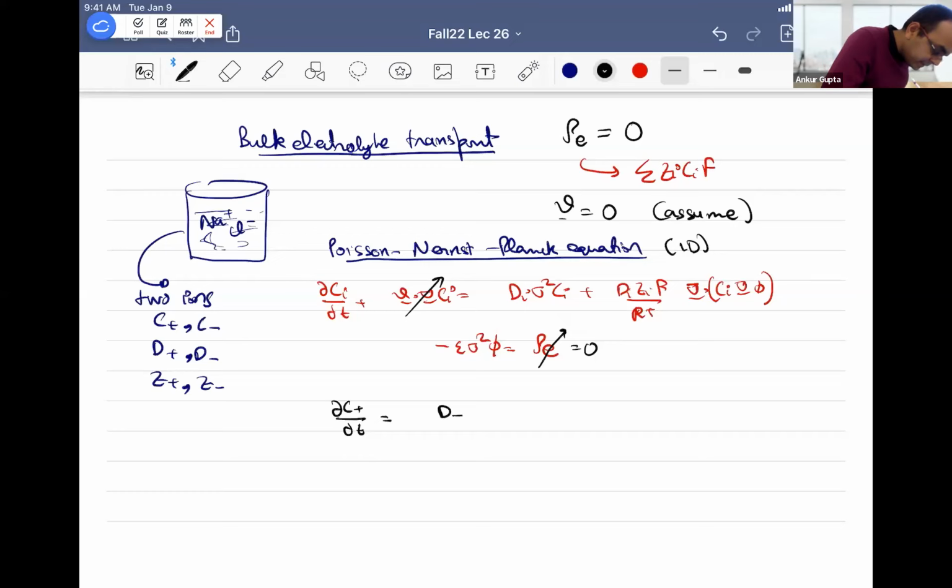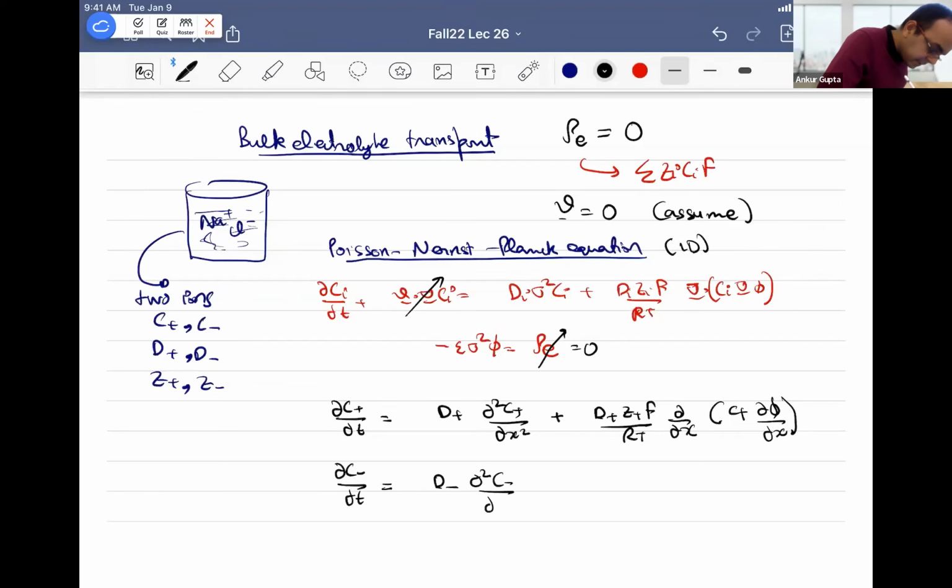Then I'll say D plus del square C plus by del X square plus D plus Z plus F by RT del by del X of C plus del phi by del X. Similarly, I can write del C minus by del T is equal to D minus del square C minus by del X square plus D minus Z minus F by RT del by del X of C minus del phi by del X.